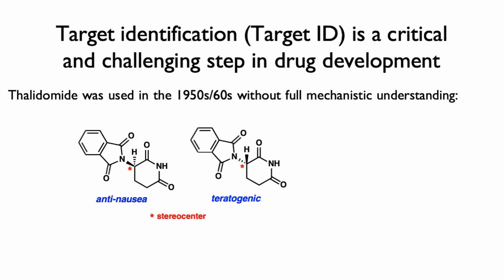It was given to women who were pregnant because it helps with nausea, but it also has teratogenic effects which inhibit cell proliferation and led to death of fetuses, but also severe deformities if people were actually born. So it was really not good. This was in the 1950s and 60s.